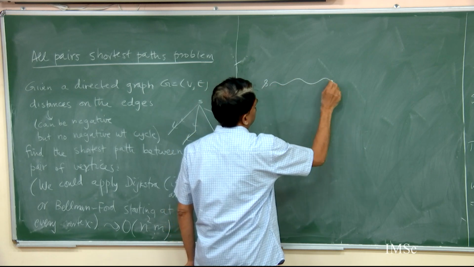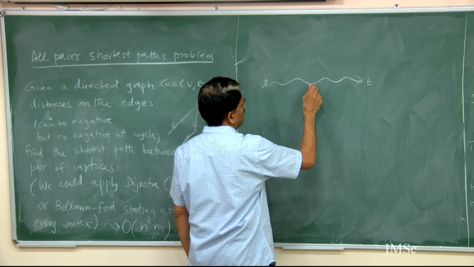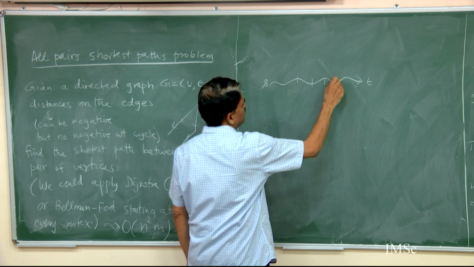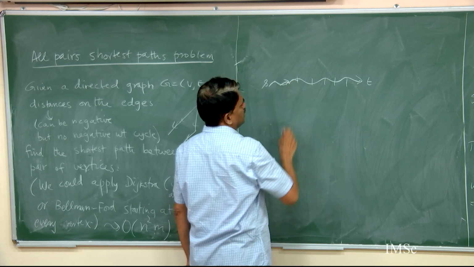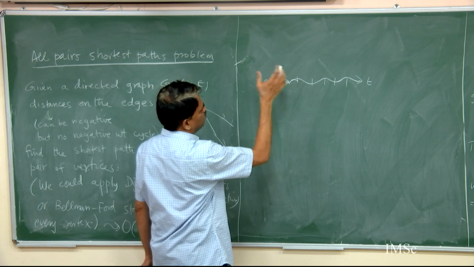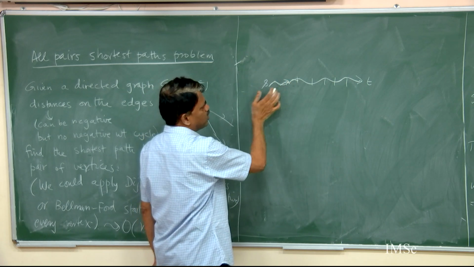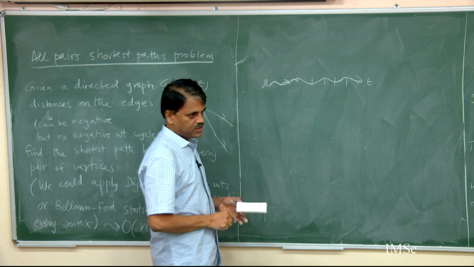If we want to find the shortest path from S to T, then for every intermediate vertex there, this path is the shortest path. If not, I can remove it and put a shorter path, and I will get an overall better S to T path, right.